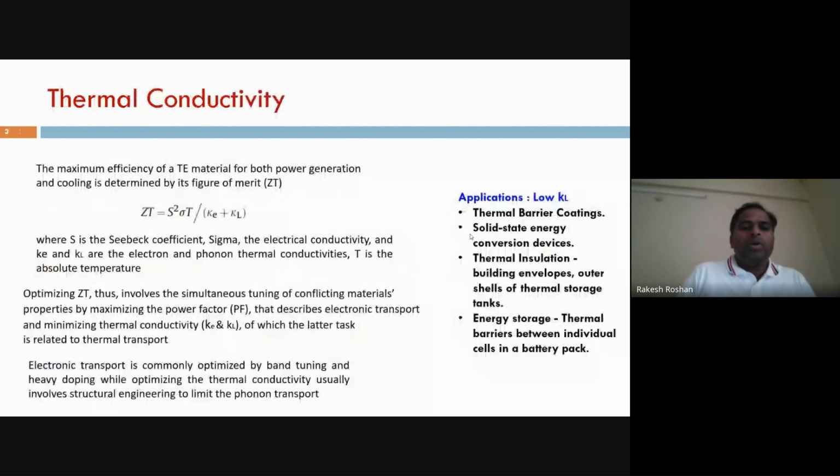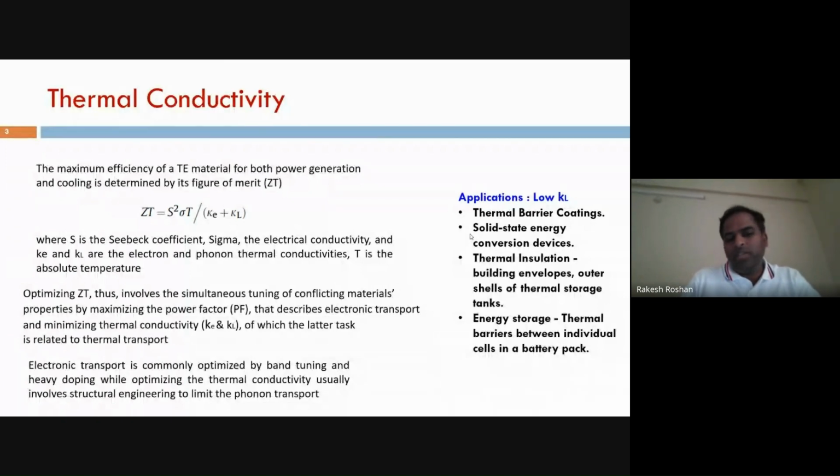For any material, as you all know, the maximum efficiency of a thermoelectric material is given by its figure of merit. We want it to be as high as possible. That ZT, the figure of merit, is given by S squared sigma T divided by Ke plus KL. Here S is the Seebeck coefficient, sigma is the electrical conductivity, T is the absolute temperature.